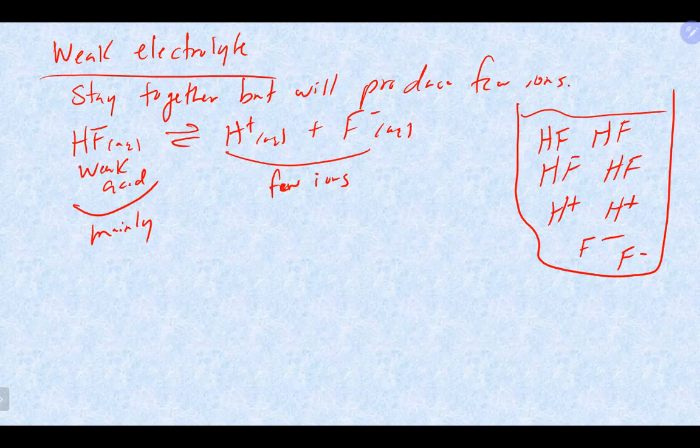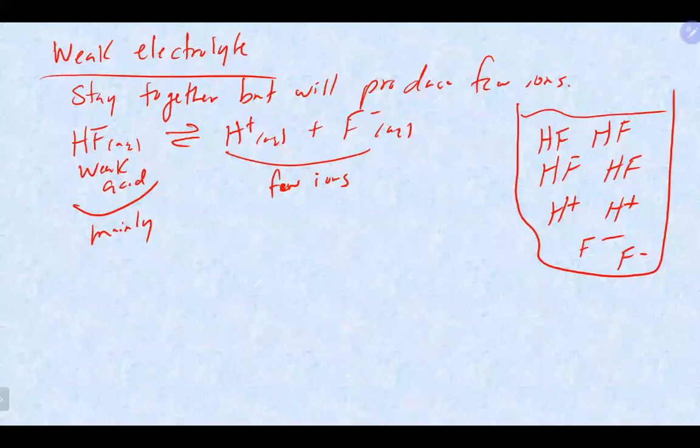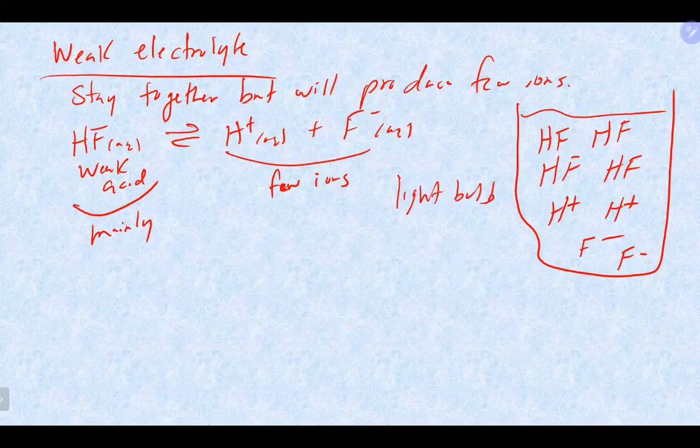It is still able to conduct electricity. But with the light bulb example, if you stuck a light bulb with the electrodes in it, it would go on, but it would be very dim. It would still conduct electricity, but nowhere near the amount that a strong electrolyte could.